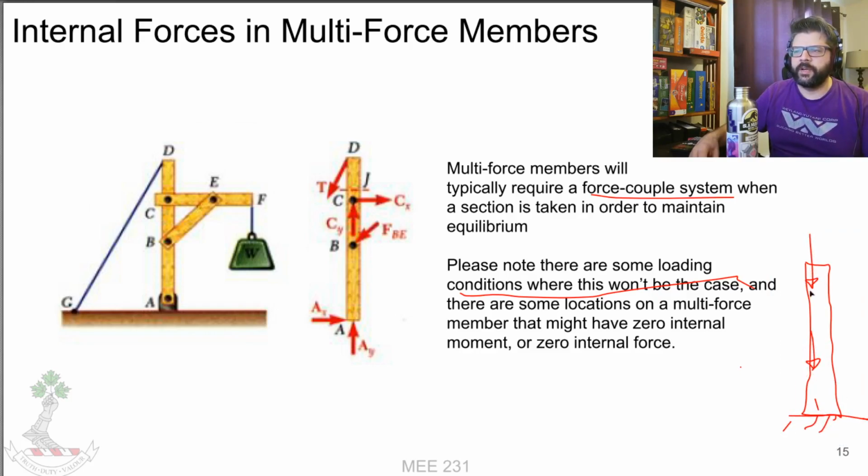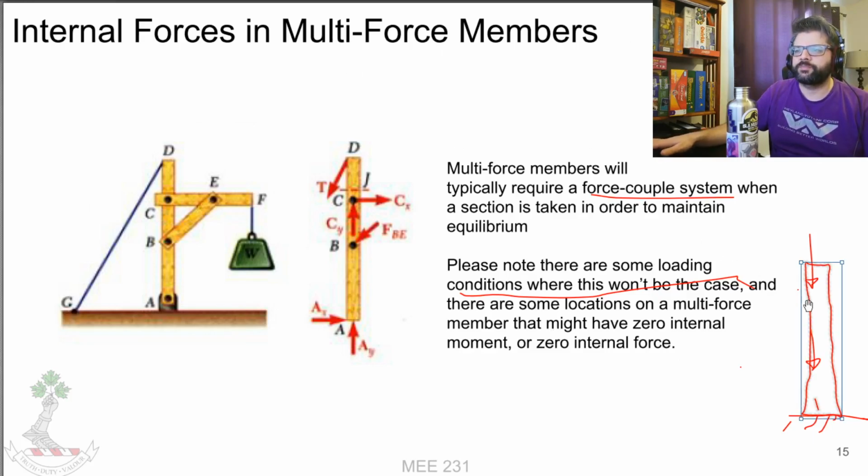But at the same time, if those are the only forces applied, then we're only going to be generating axial or normal loads. They'll just change as they vary. So you don't always have to have a force couple system, but you always got to be prepared for that to be the case.